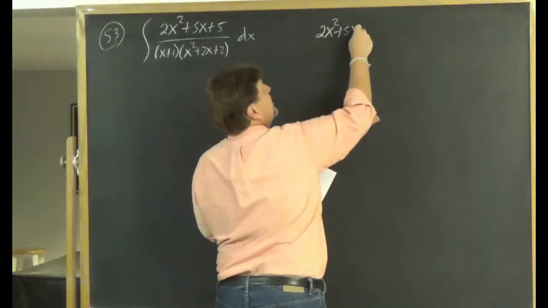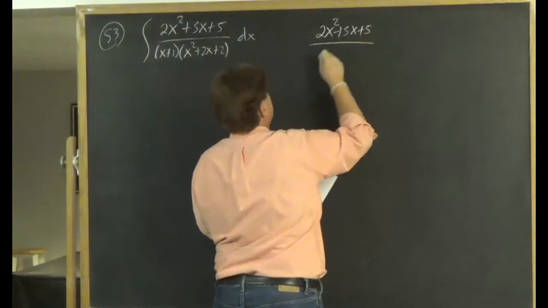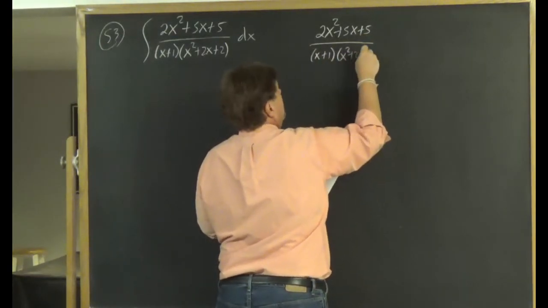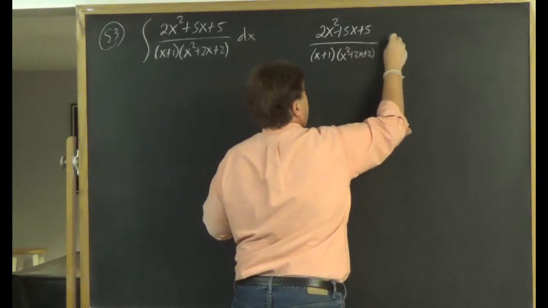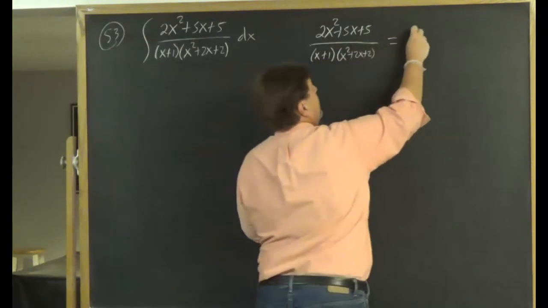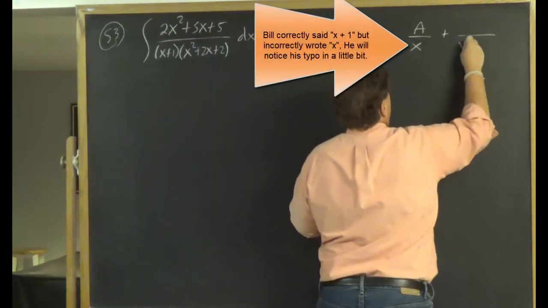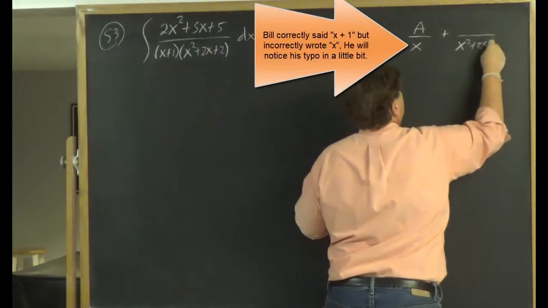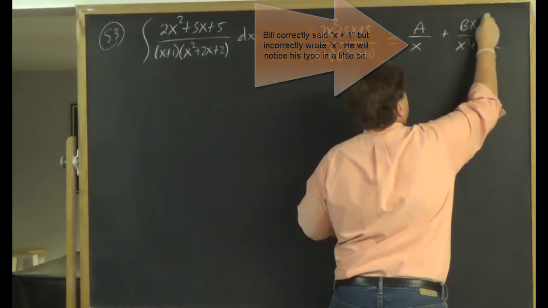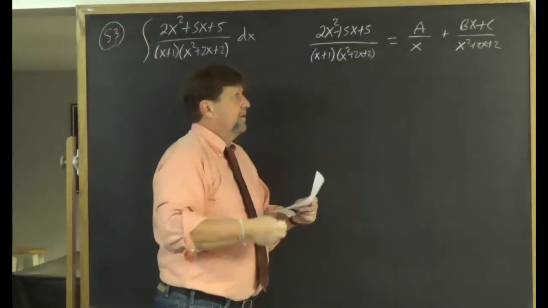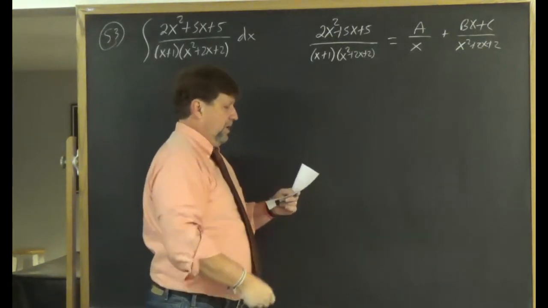So, come over here to start the process of partial fractions. A over x plus 1, and then my quadratic, I need to put in a bx plus c. Well, already it looks better than the last example because it's just smaller.